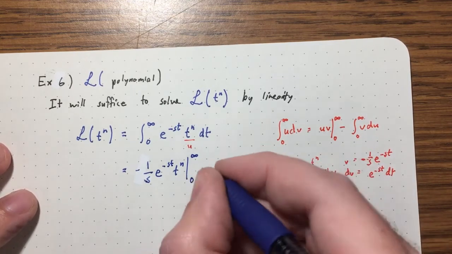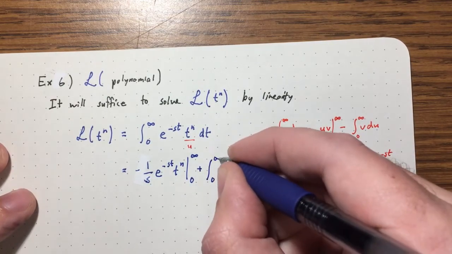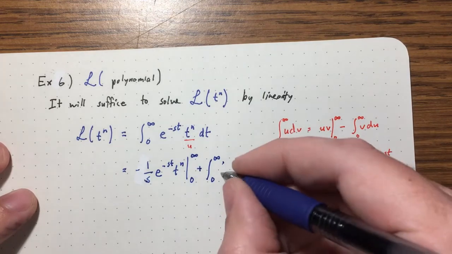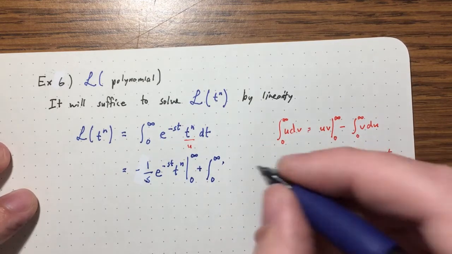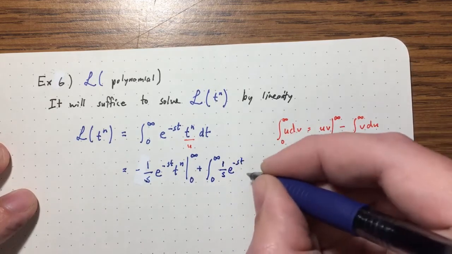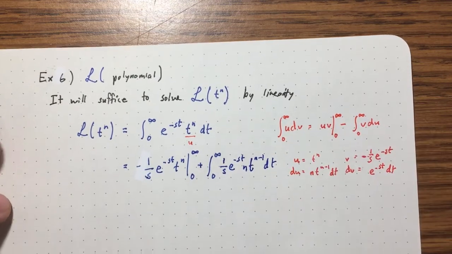But we have minus and negative, so it'll be plus. We're going from 0 to infinity. Okay, let's be careful here. So we have a 1 over s e to the minus st, and then an n t to the n minus 1 dt.